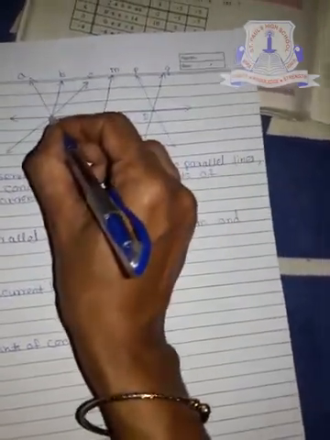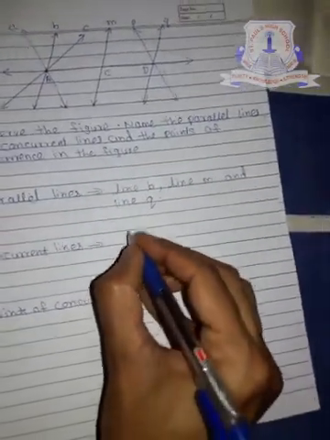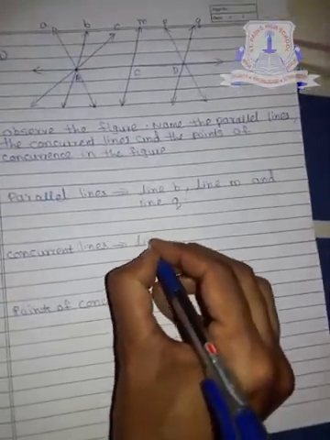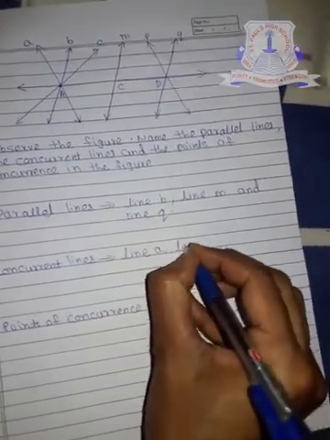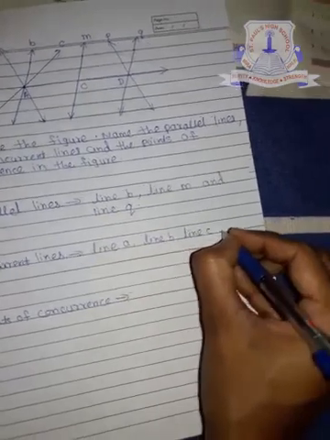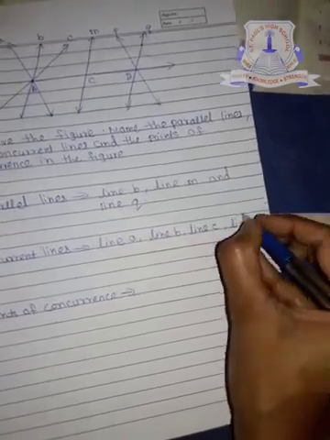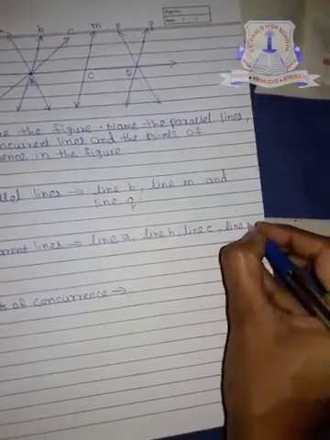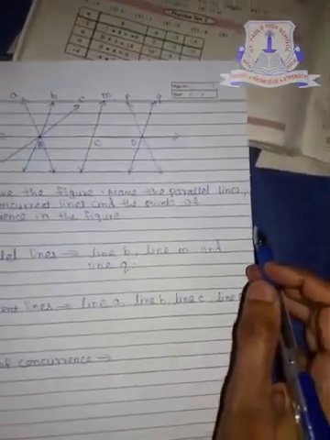So these lines are called concurrent lines. So we are going to write line A, line B, line C, line AD.